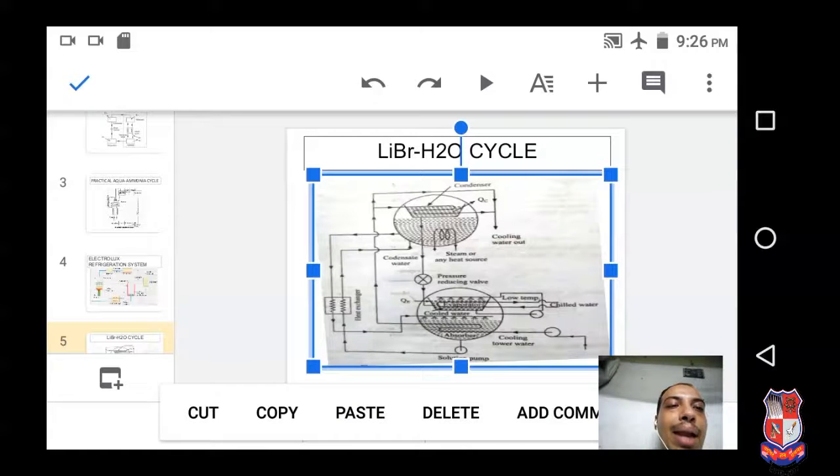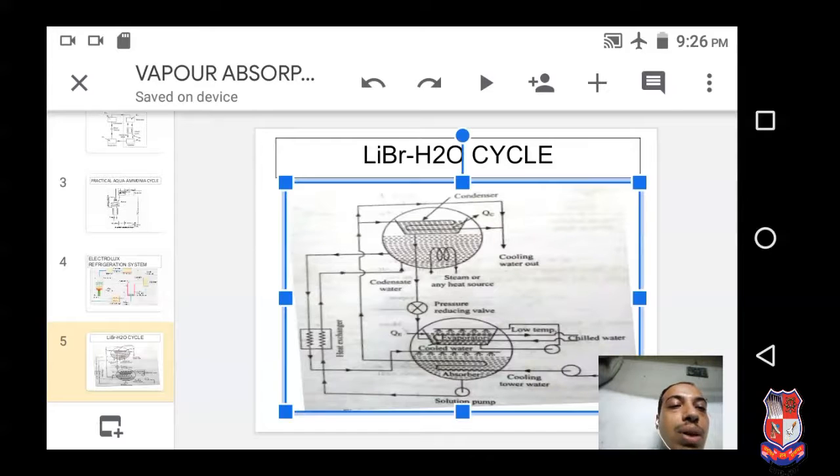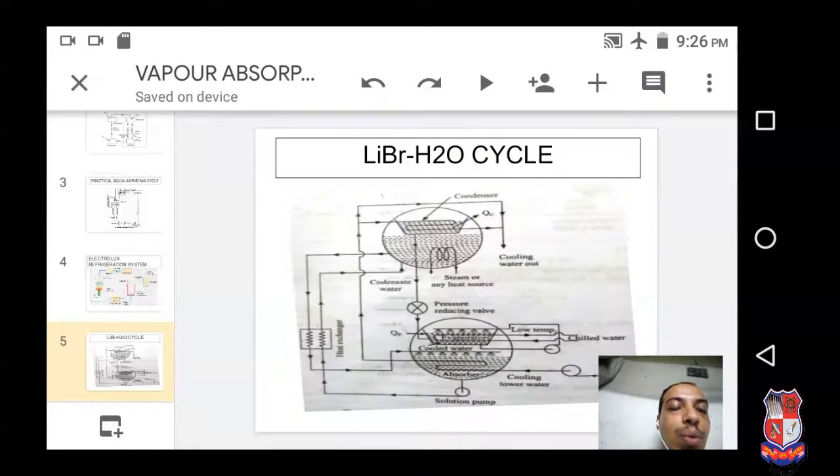From the pipeline, water or any other type of fluid is passing. So it will reduce the temperature of that water or other fluid, and due to the heat exchange taking place between the spray water and the pipeline water or other fluid passing through the pipeline, evaporation of water is taking place inside the evaporator.